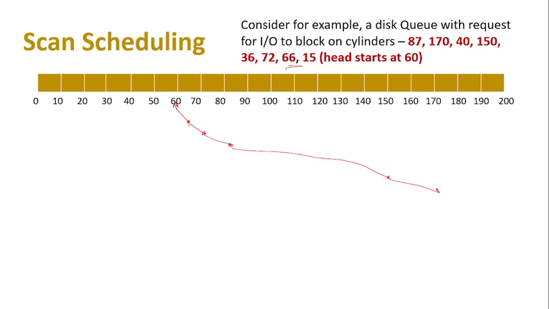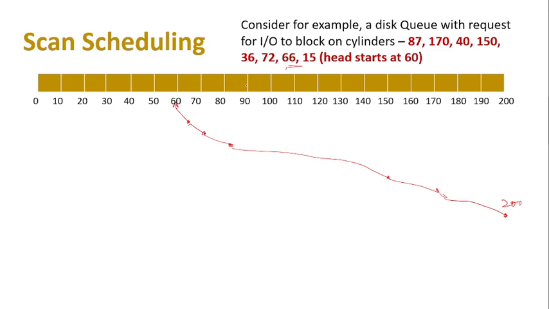And from 170 we have to go back. So as per the scan scheduling, we should go up to the end. So we will go up to 200. And from 200 we have to come back. Whatever is completed, we have to check off.